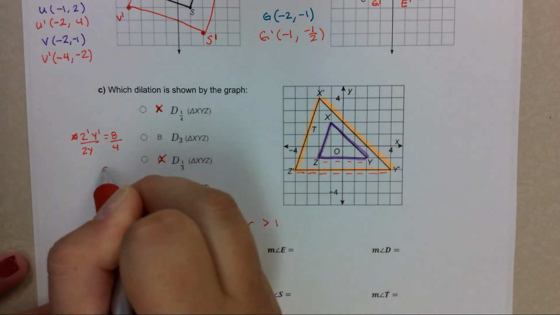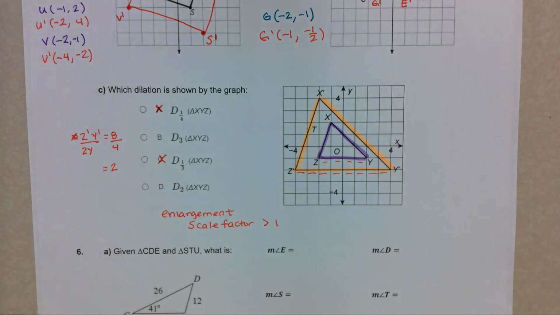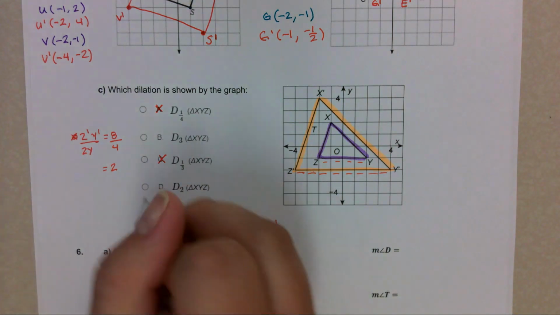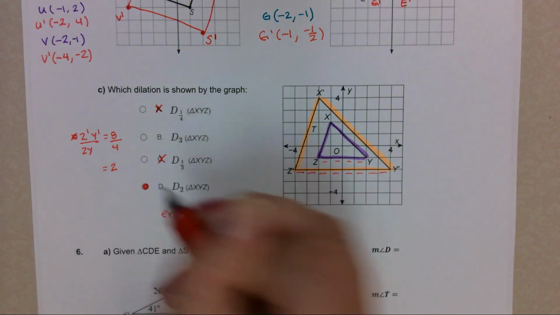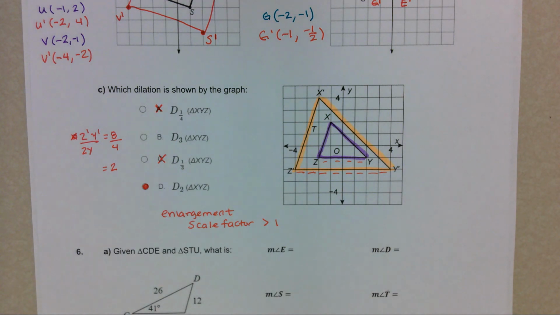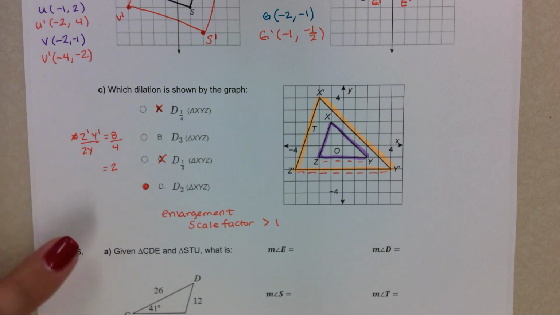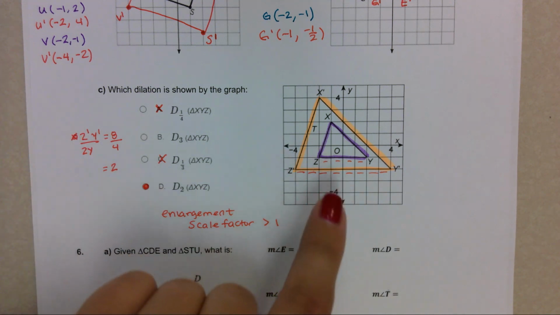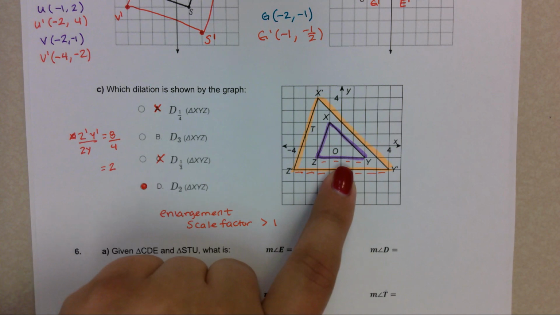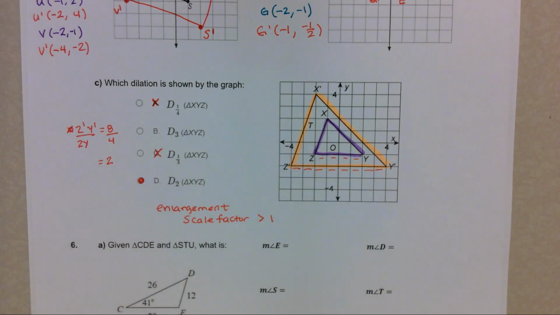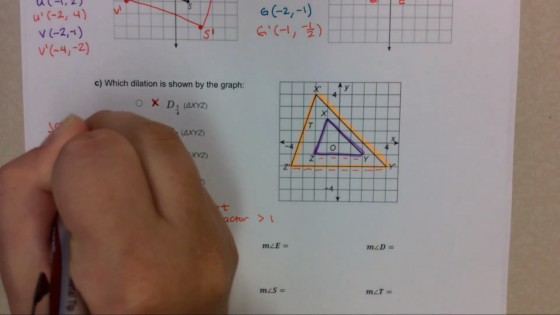And so that means my scale factor is 2. So the answer here is D. Okay. Figured out if it was an enlargement or a reduction and narrowed my choices down. And then I found the side length of the image and the corresponding side length of the pre-image and got my scale factor. So this is the scale factor.